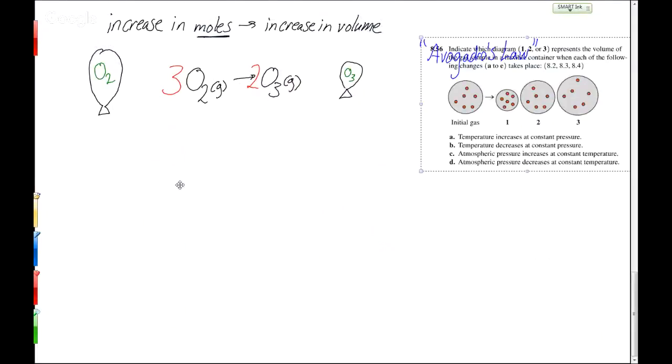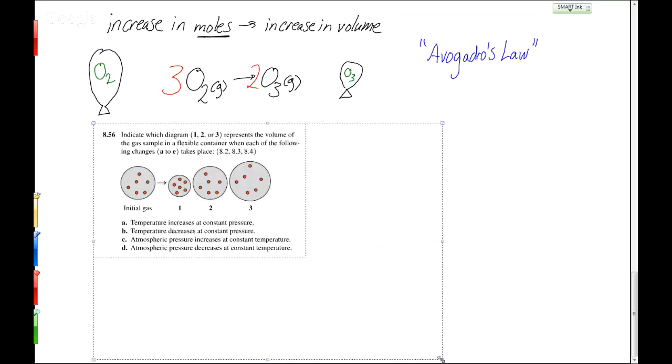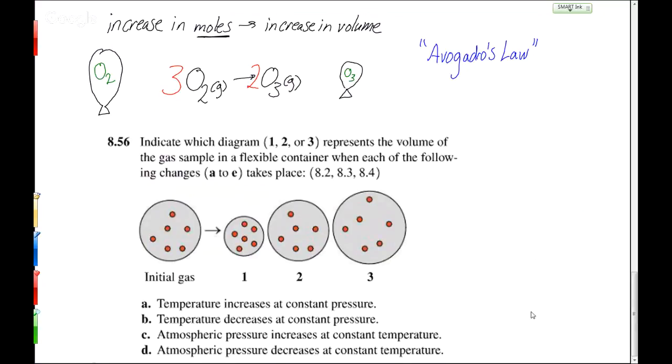So here's an example of a sample of initial gas. And we're going to think about what happens to that initial sample when we change these different variables. So which one represents a temperature increase at constant pressure? 1, 2, or 3?